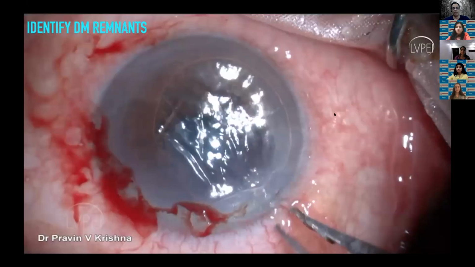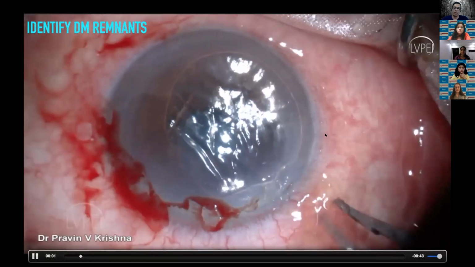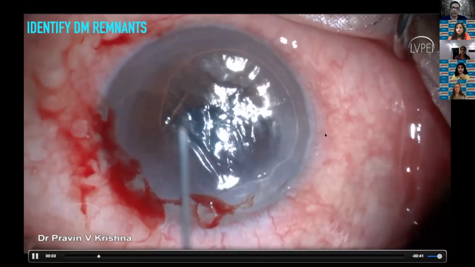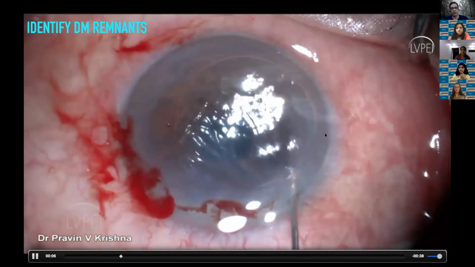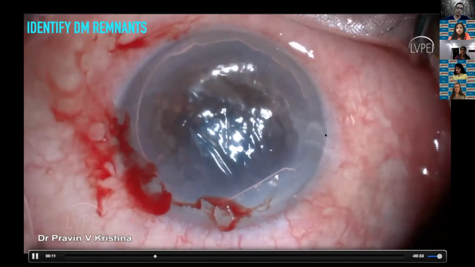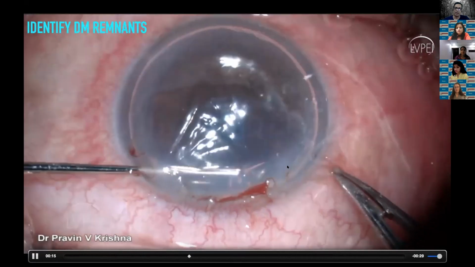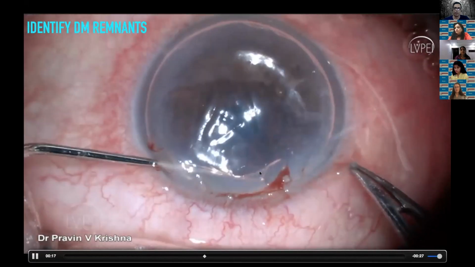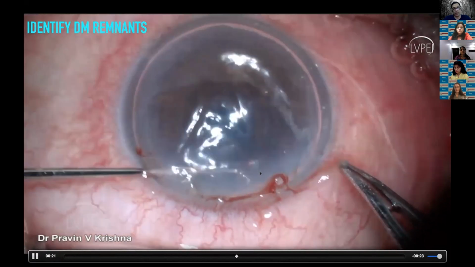Right in the beginning, the air bubble is quite useful to identify remnants of Descemet's membrane. There was a brief discussion about how you will strip your Descemet's membrane under heel-on or air bubble. One of the advantages of the air bubble, if you look at this area, this remnant DM present at the 11 o'clock, 12 o'clock position, is that it helps to identify that much more easily.